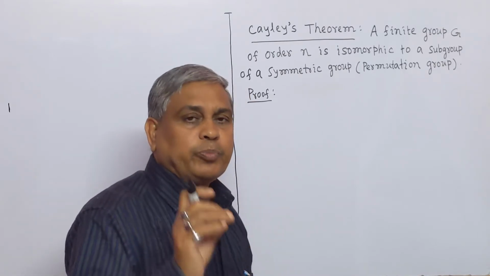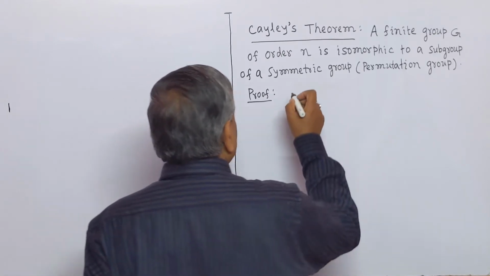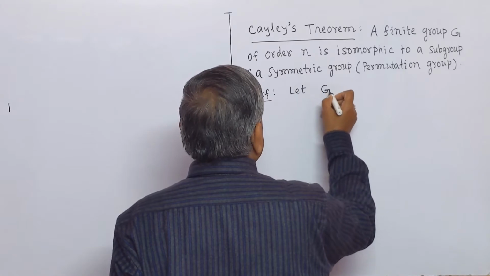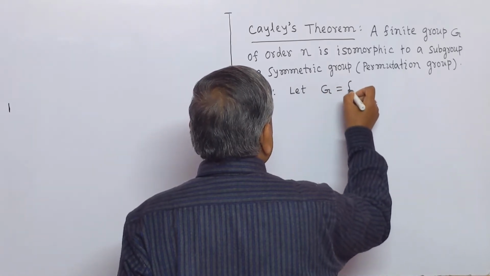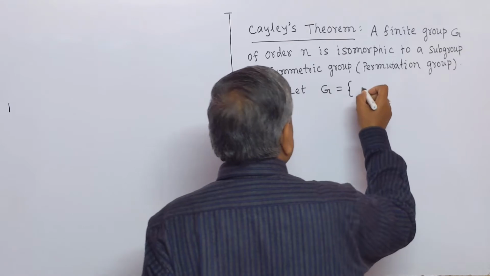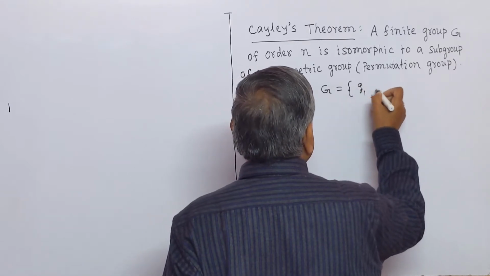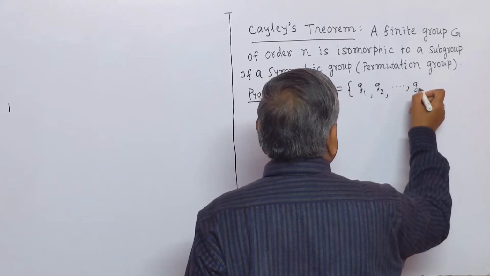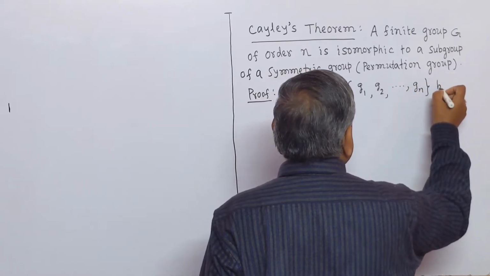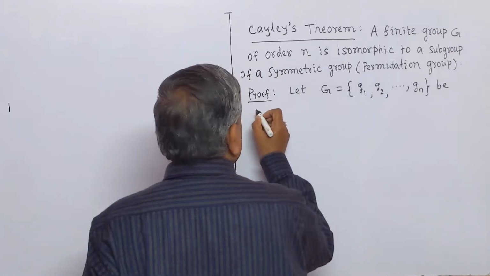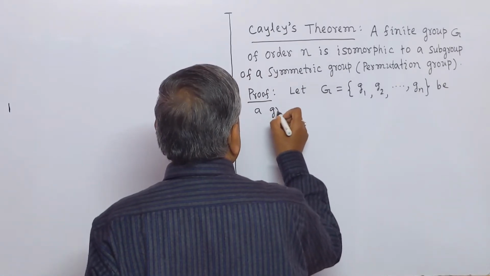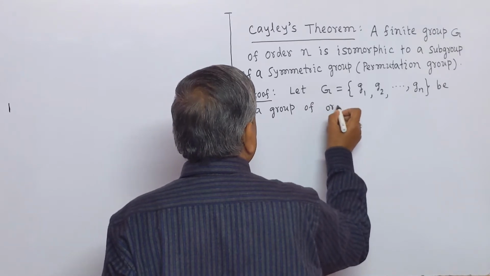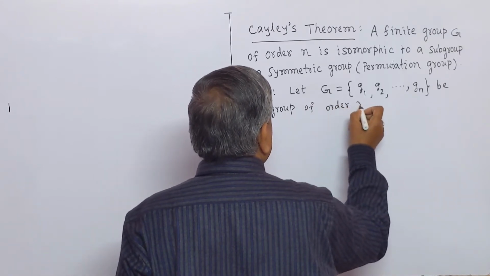Now we prove this. Let G be a group containing elements g1, g2, ..., gn, a group of order n.